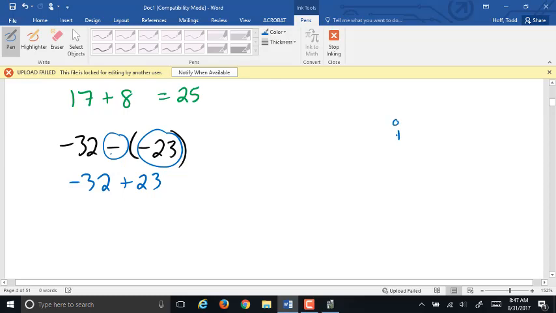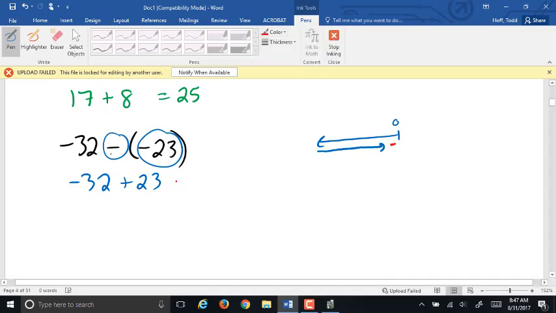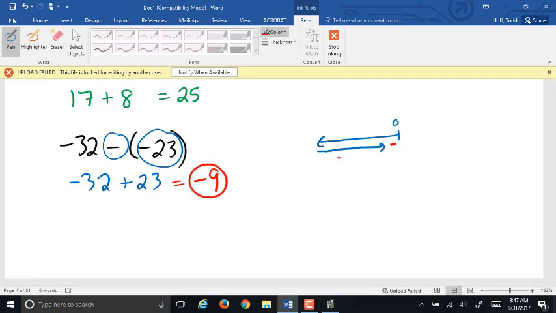So now we've got negative 32, positive 23, same direction or opposite? Opposite. Longer or shorter? Shorter. So it stays on the negative side, so our answer is negative. Arrows are in opposite directions, so it's the difference between 32 and 23, which is 9. So it's negative 9.